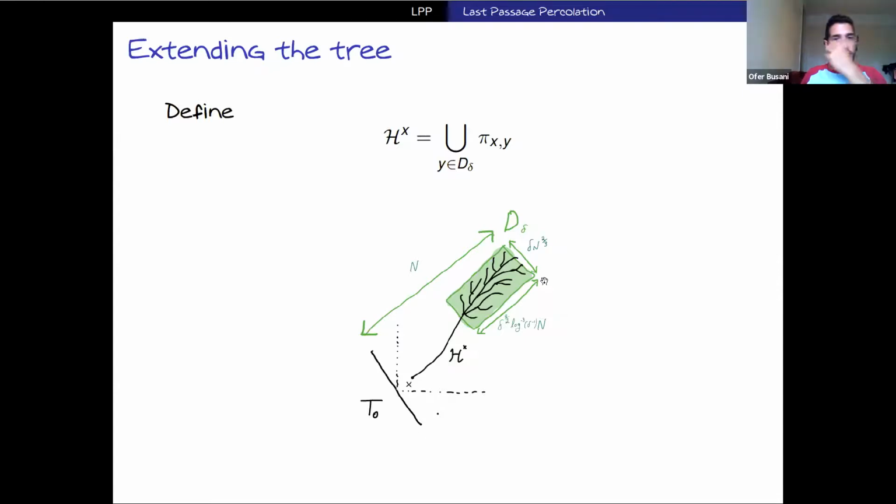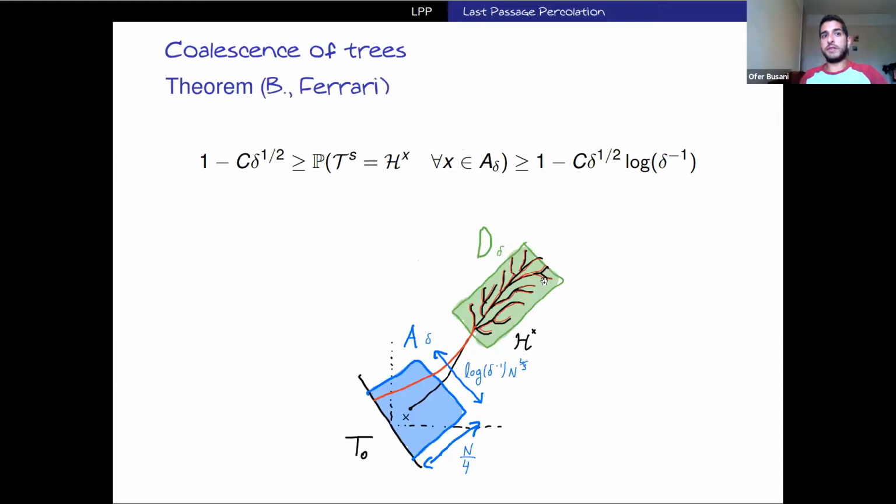So we have this tree, and the next result, with Patrik Ferrari, shows that no matter where you start in this blue box, whose dimensions you can read off from here, the geodesic tree HX will coalesce, will agree on the delta with the stationary tree.